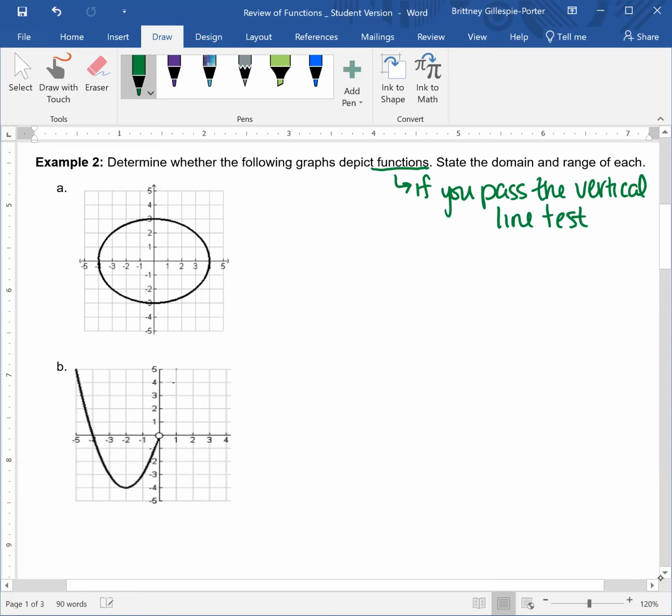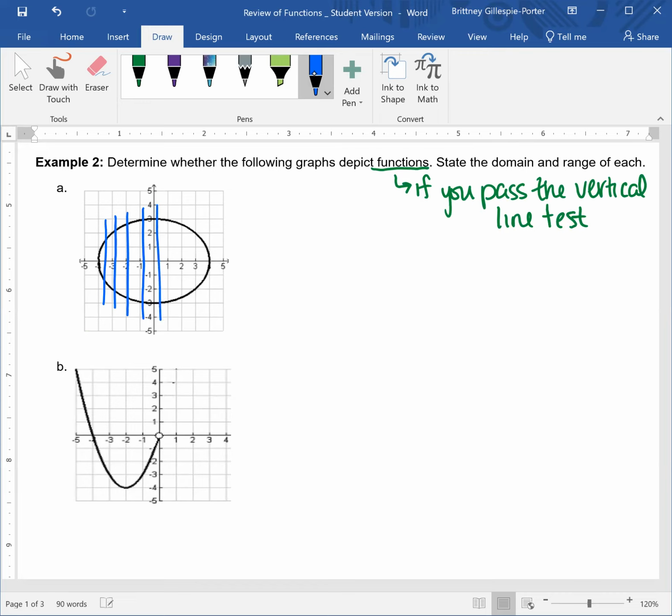Now, the vertical line test says that if you can take your pen, lay it flat, and make it vertical, if you can draw vertical lines through your function without hitting the function more than once, or hitting the graph more than once, it's a function.